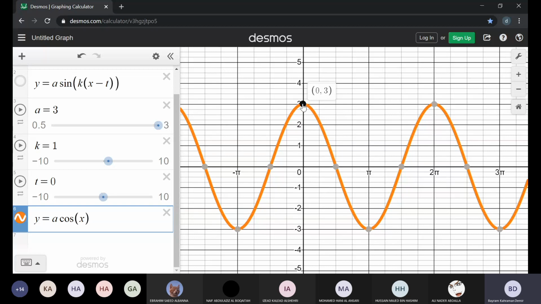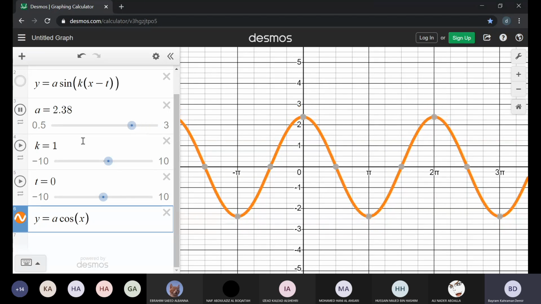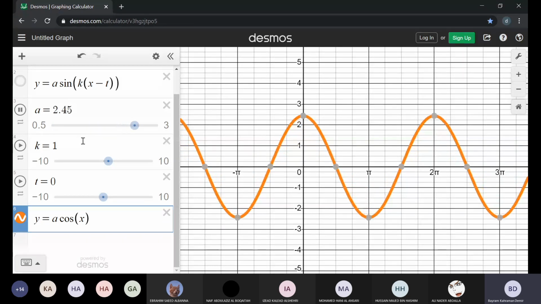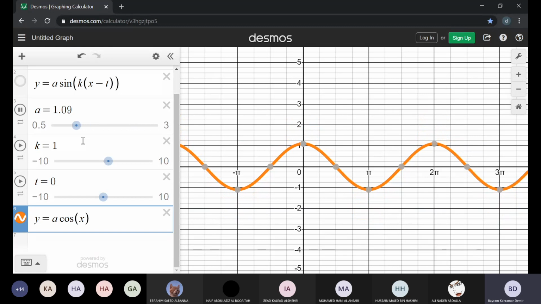Cosine starts from the top here and then goes down and up and down. It's just like a sine graph, of course. It's a wave function. And similar things, if you multiply the cosine function by a number, as the a changes, it will shrink or it will stretch, depending on what the number a is, Shabab.